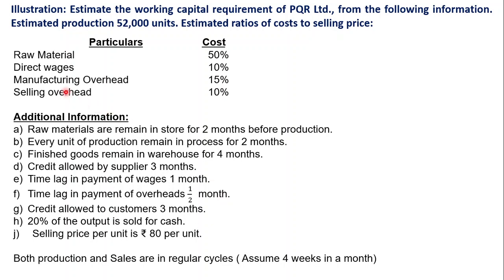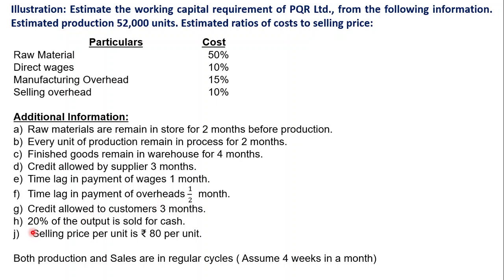Manufacturing overhead and selling overhead both are considered for this adjustment. Credit allowed to customers is 3 months; for sundry debtors calculation we need to take 3 months of credit period.